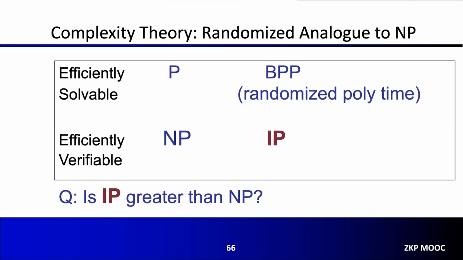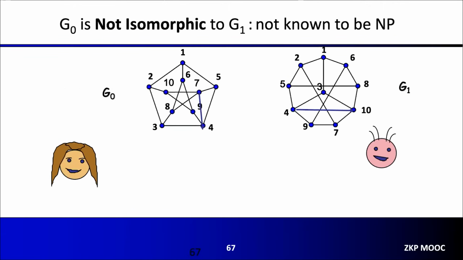One is: can you interactively convince a verifier in polynomial time of statements that we don't know how to convince using a classical old NP proof, just sending a witness? And the answer is going to be yes. And second of all, is there something else that the verifier can do except for tossing coins? And the answer for the next minute will be maybe. Let me show you an example.